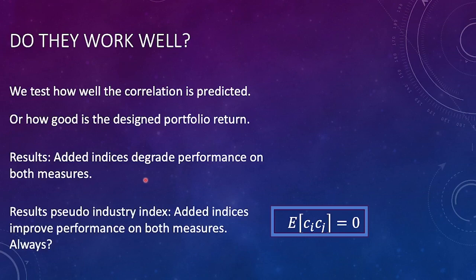If we construct indices based on those pseudo industries, the performance is improved on both measures: it predicts correlations better, and the designed portfolios give better return. So that's where the advantage of multi-index models comes into the picture.